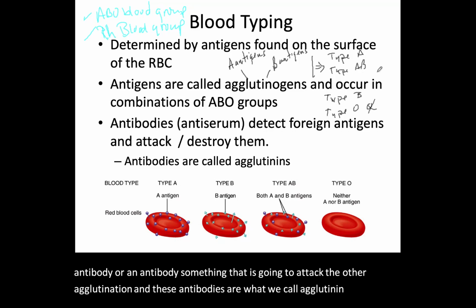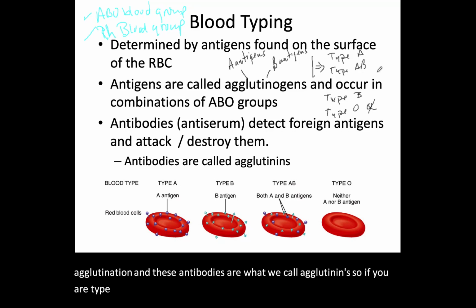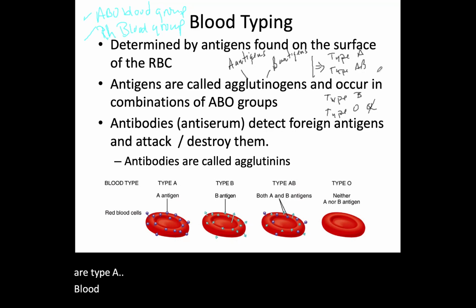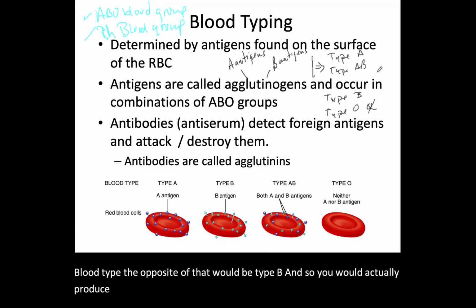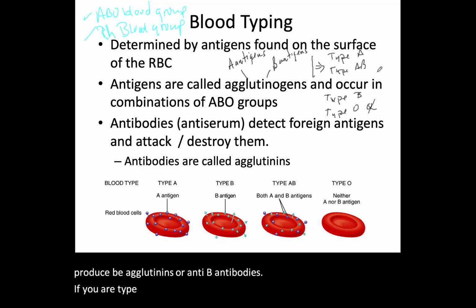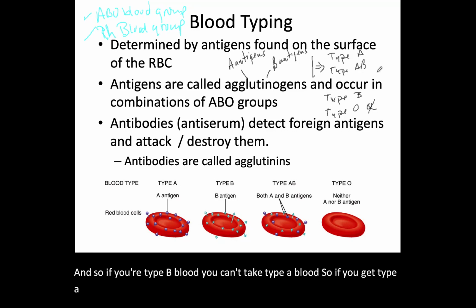So if you are type A blood type, the opposite of that would be type B, and so you would actually produce B agglutinins or anti-B antibodies. If you are type B blood, then you would produce A antibodies or A agglutinins. And so if you're type B blood, you can't take type A blood. So if you get type A blood in you, your A antibodies attack it. They clump it. They cause coagulation.